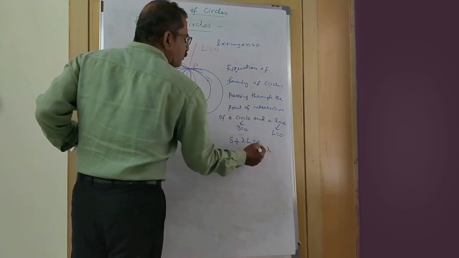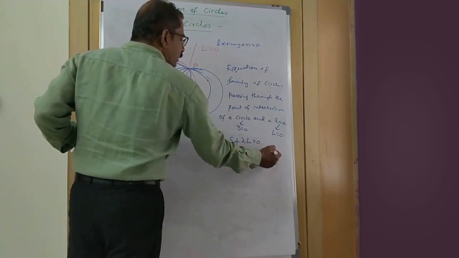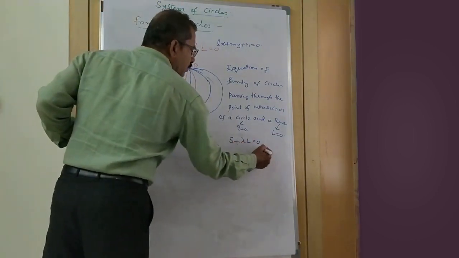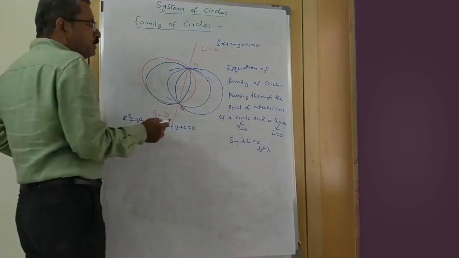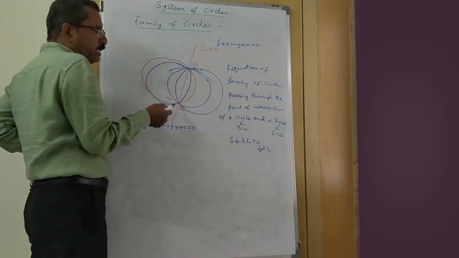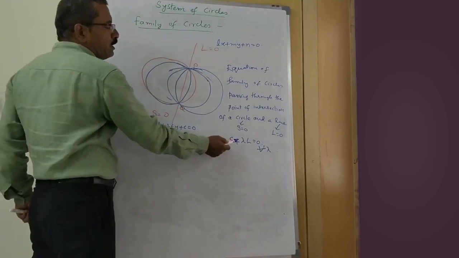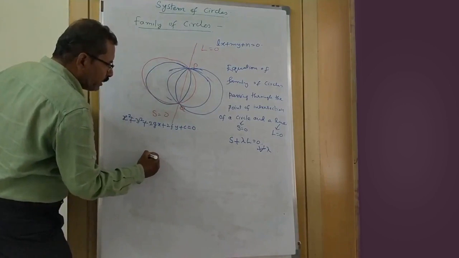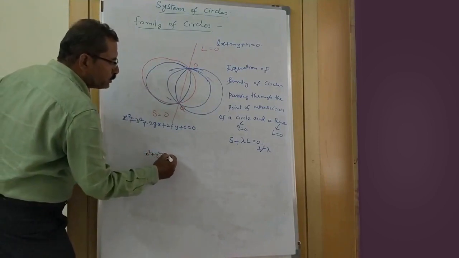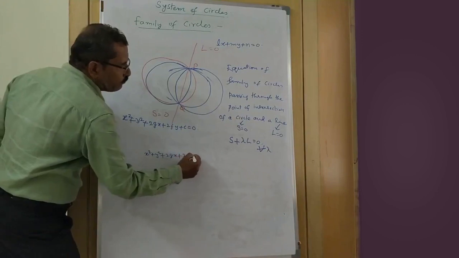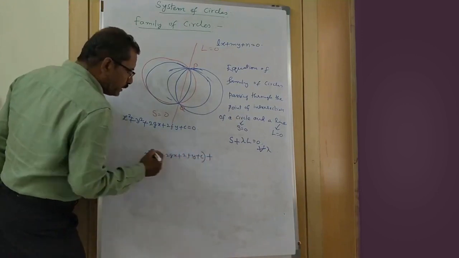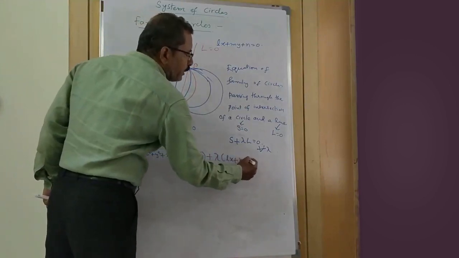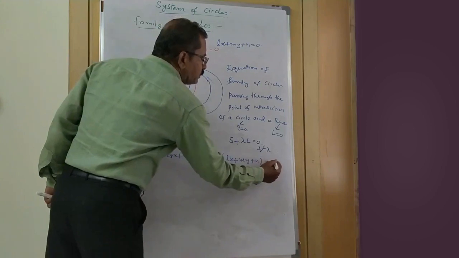For lambda any value, for all lambda, here what happens? The circle equation is this one. Here you observe that S is x square plus y square plus 2gx plus 2fy plus c, plus lambda into my L, which is Lx plus My plus N is equal to 0.